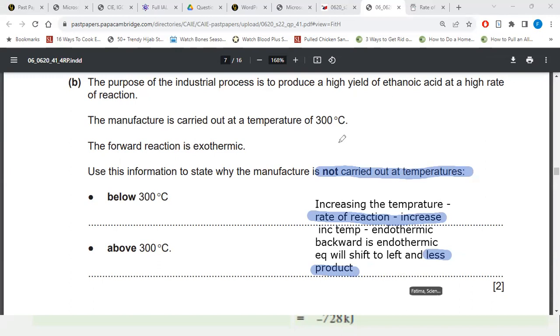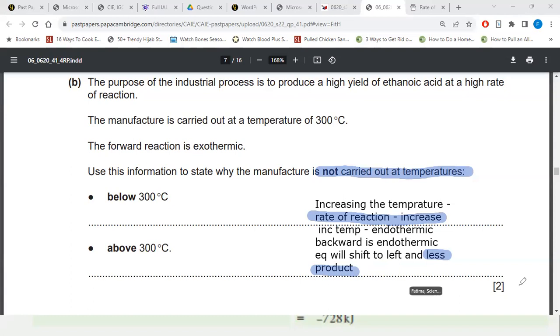When you say hence, hence means because of. So it's like you're saying the rate of reaction will increase, and that is why I will get less product. That's not true, because the rate of reaction does not affect the equilibrium. That's the other thing, endothermic, exothermic. So over here, just write down one straight line. It's a 2-mark question, one line.